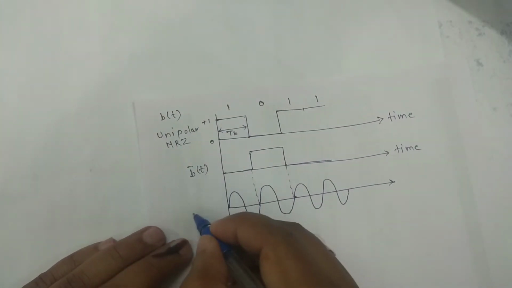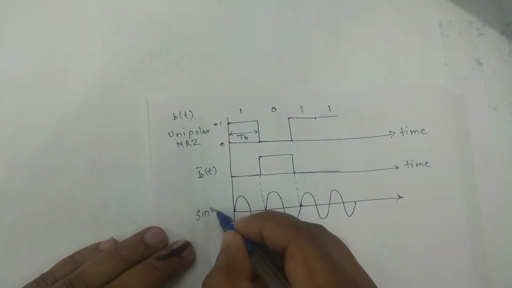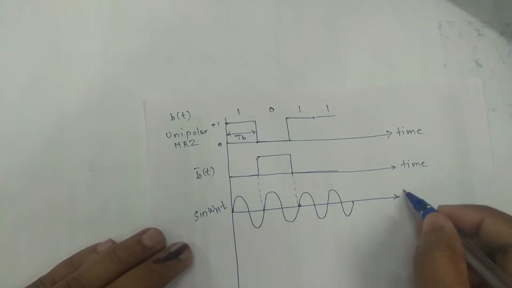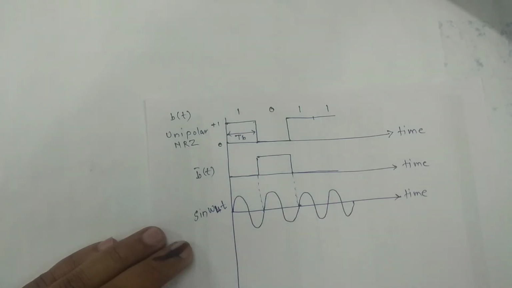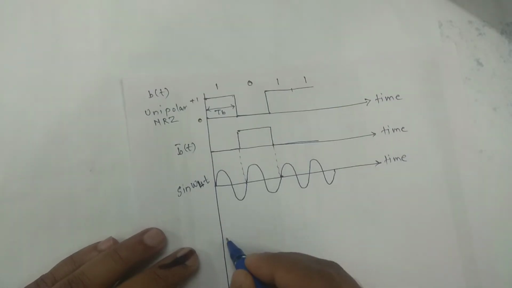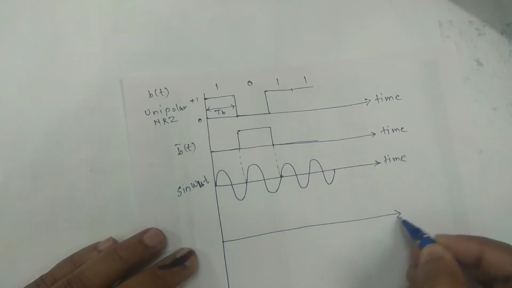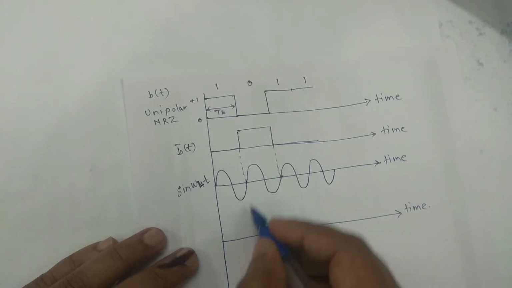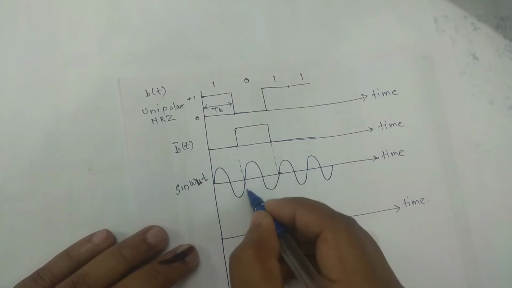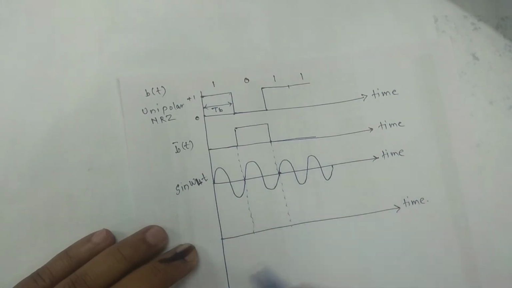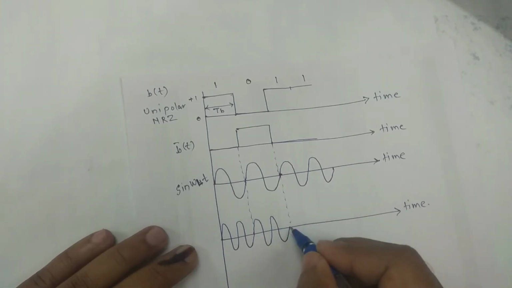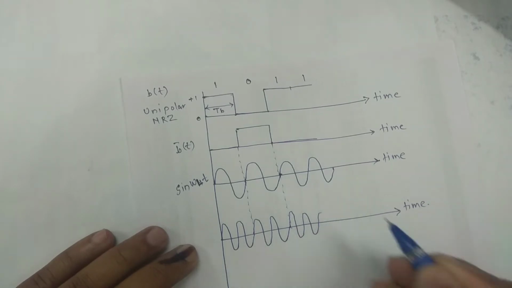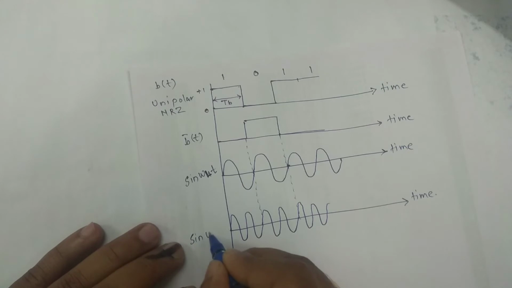Let us suppose this is sine omega ht, the carrier with high frequency, and let us take the other as sine omega lt, with low frequency.